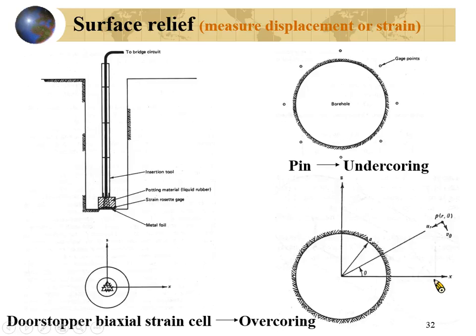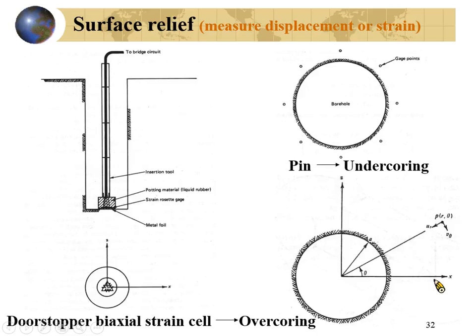But for the stress relief method, we relieve the stress, measure the strain or displacement, and infer or calculate the stress. So absolutely, you need the stress-strain relation. This will be the most different thing.